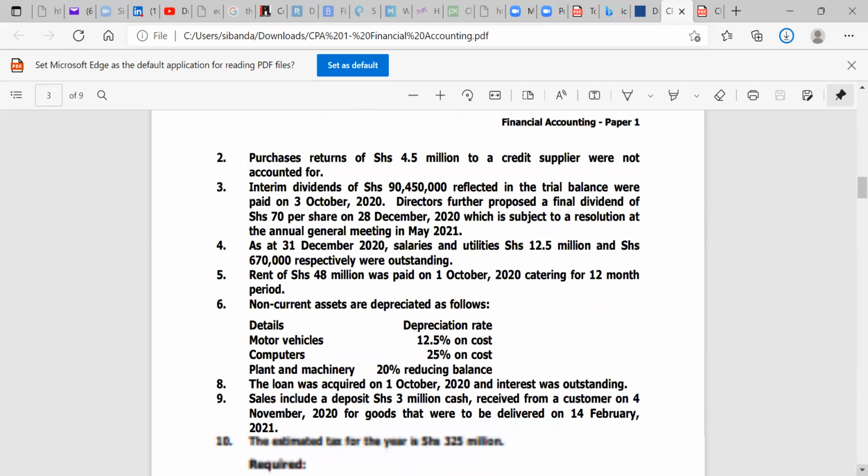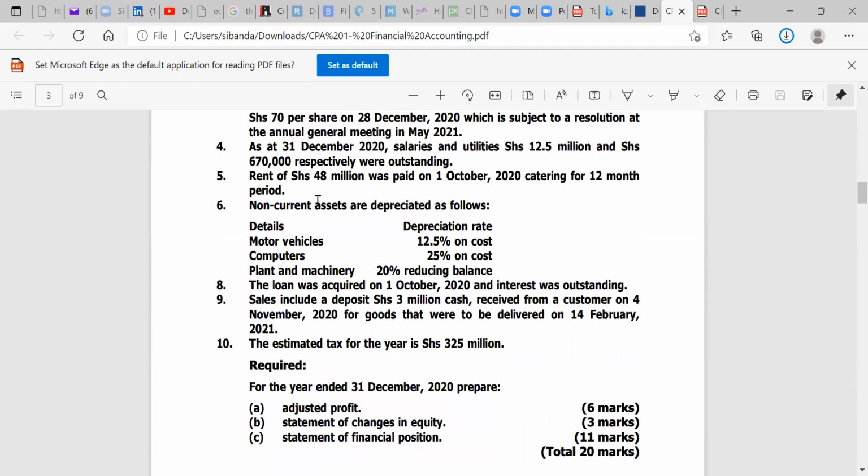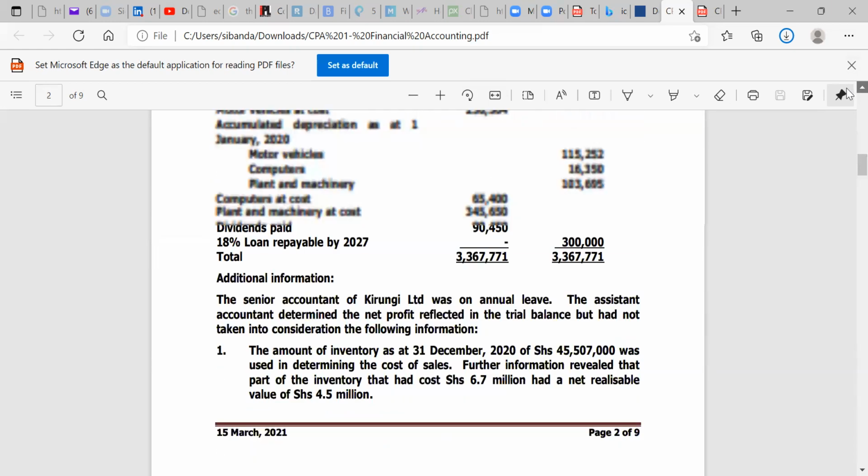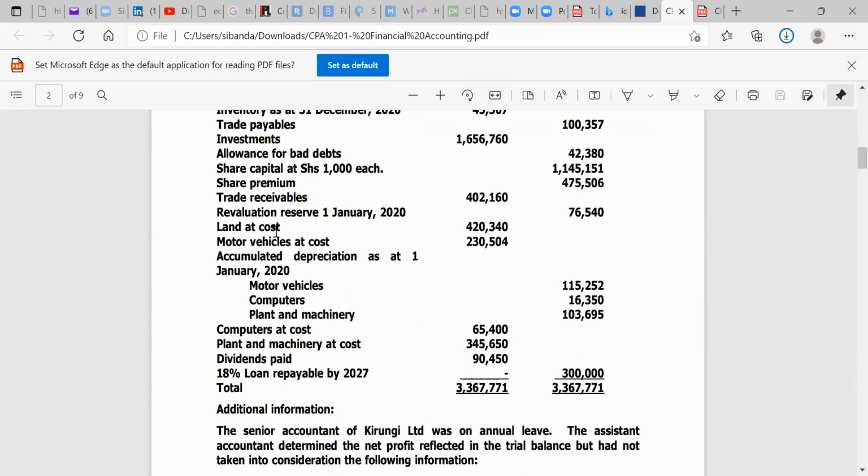And then we have non-current assets, which they are telling us are depreciated as follows. Now, the reason why they are giving us this information as well: remember, in the trial balance here, they gave us these assets.